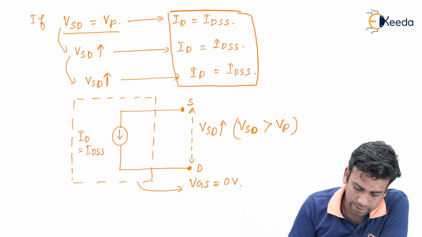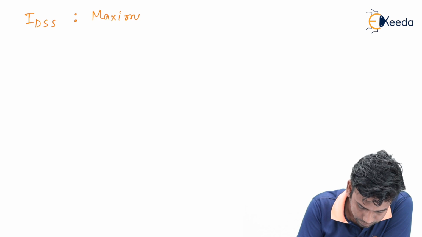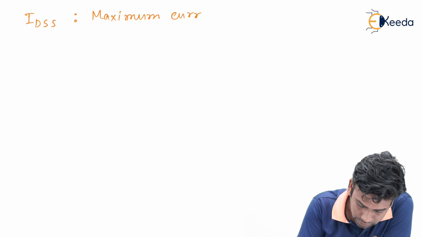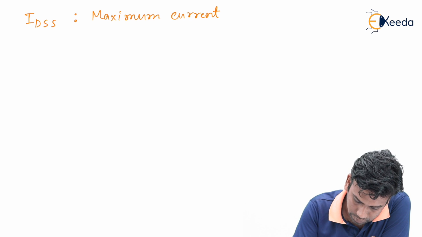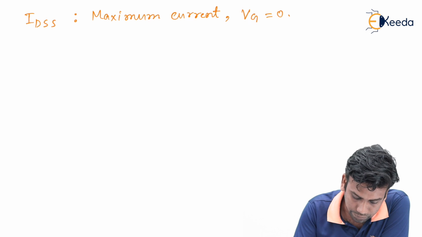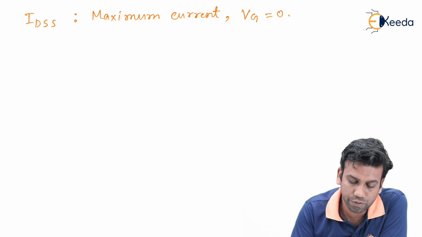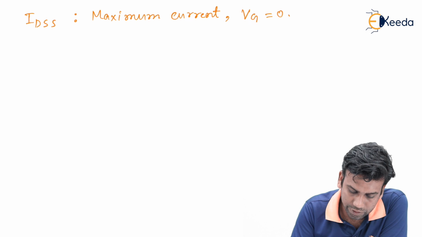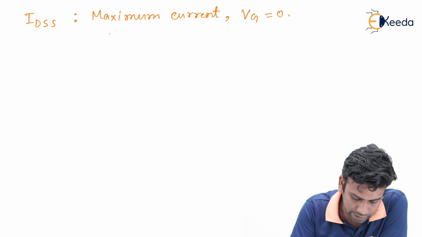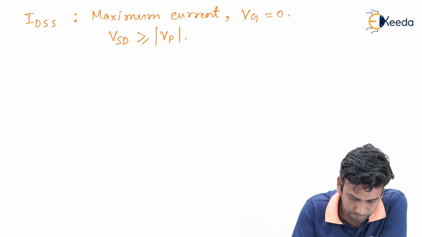So, we can say that IDSS is the maximum current that can be achieved when Vg or gate voltage is equal to 0. So, maximum current through the JFET from source to drain when Vg is equal to 0 and VSD is greater than or equal to Vp.